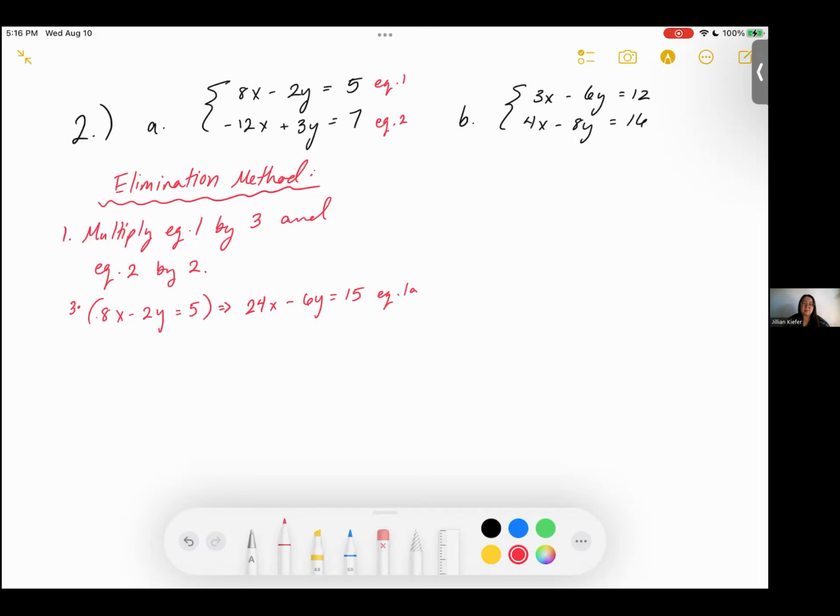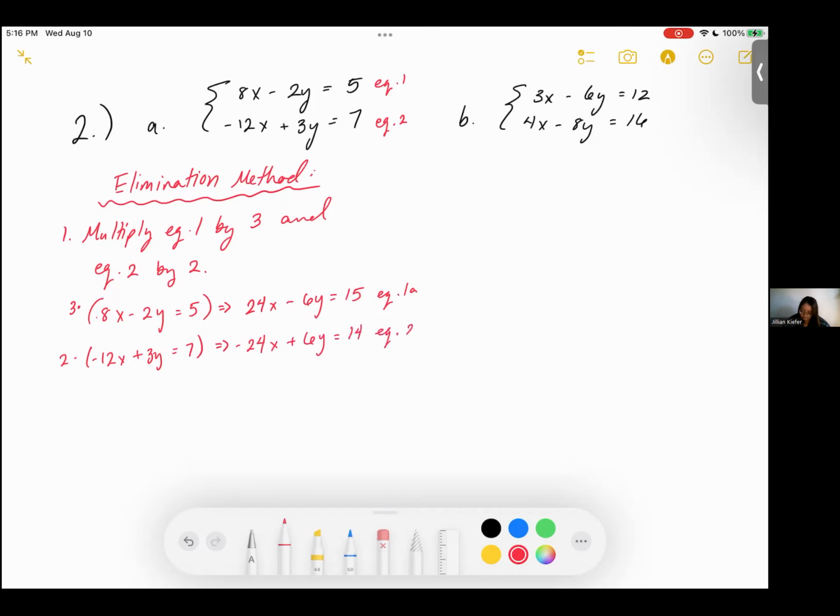Then we want to multiply equation 2 by 2. Equation 2 was negative 12x plus 3y is equal to 7, and we're multiplying all of these terms by 2. When we work this out, we're going to get negative 24x plus 6y is equal to 2 times 7, which is 14.